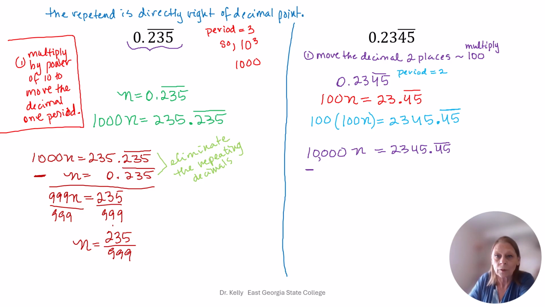Remember, we're trying to get rid of the repeating part. So we're going to have to use our 100n. If we use just regular n, which is what I wrote here, sorry I didn't write 100n, then it's not going to get rid of all that repeating stuff. So here we go, negative 100n is equal to 23.45 repeating.